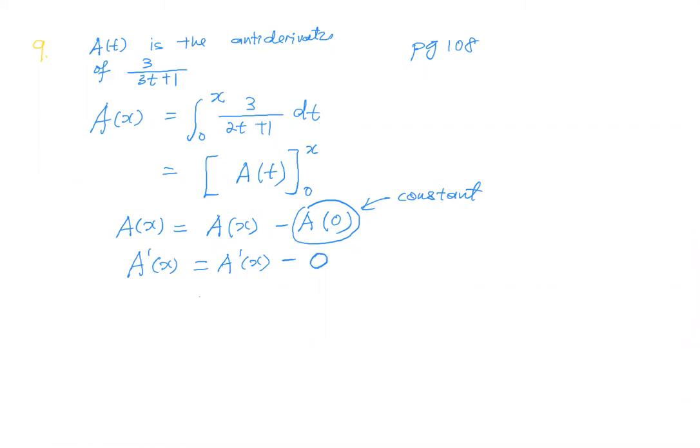So if I write this, what does it tell me? That means A prime t is equal to 3 over 2t plus 1. Am I right? Yes. So this one will be 3 over 2x plus 1. Done. That is how you work out things like that.